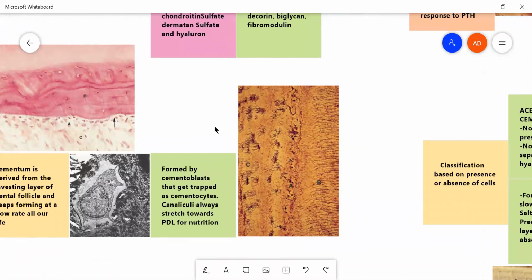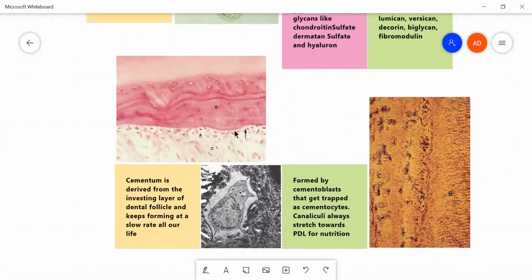The canaliculi are facing left, which means the periodontium is towards the left and the dentine is towards the right. In this figure of an eosin stained decalcified section, you can see the layer of cementoblasts that are laying down the cementum and the cementocytes that are trapped inside the empty spaces of lacunae.